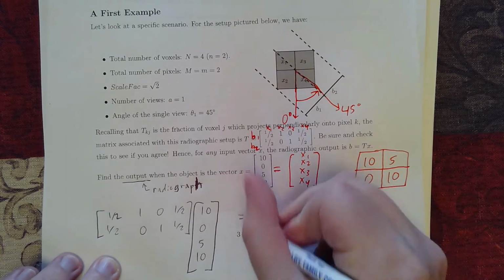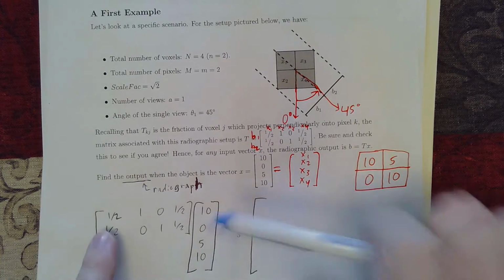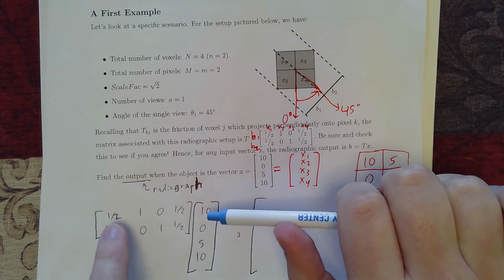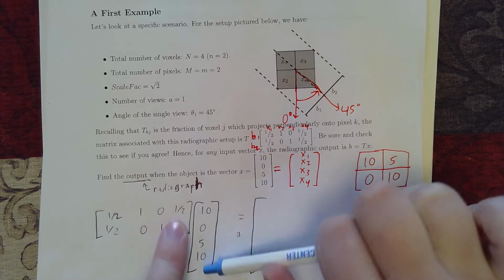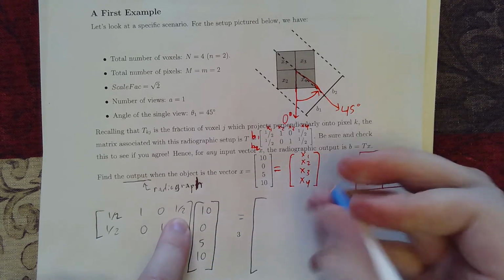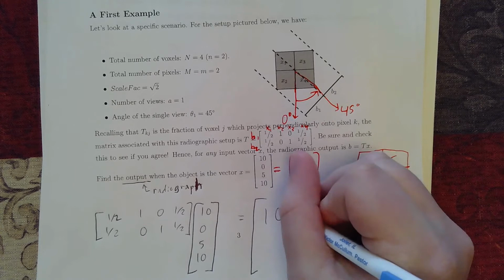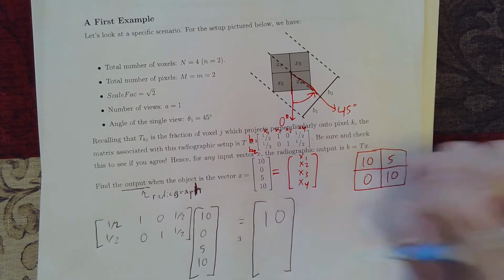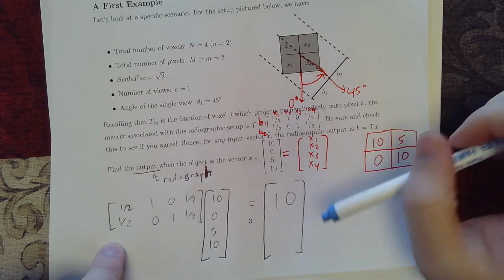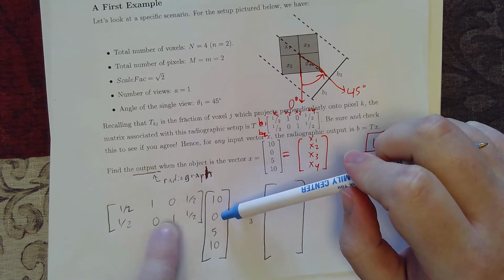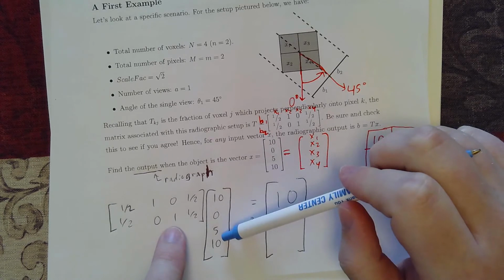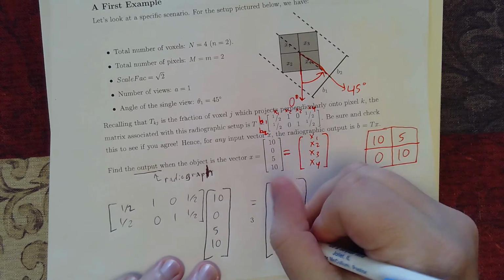And so when we do this, our first entry should become 10 times a half, so 5, plus 0, plus 0, plus 10 times a half, so 5. So 5 plus 5 should be 10. And our next entry should be 5, 0, 5 plus 0 plus 5 plus 5, so it should be 15.